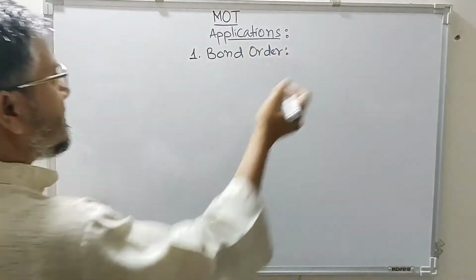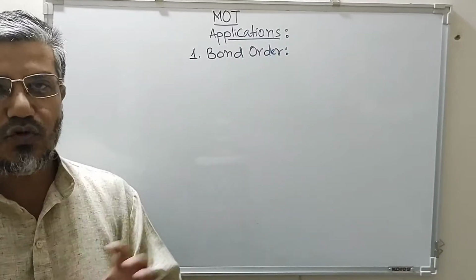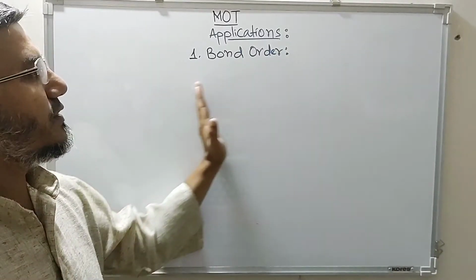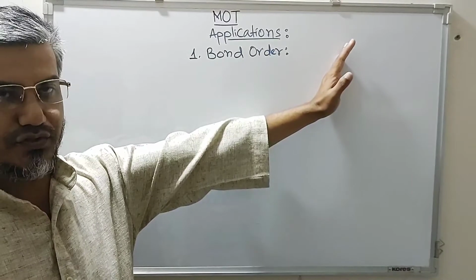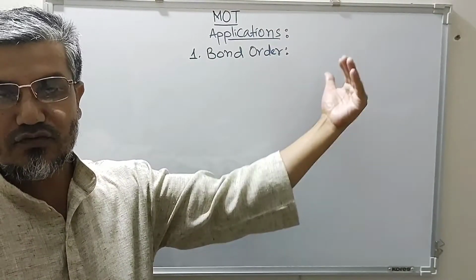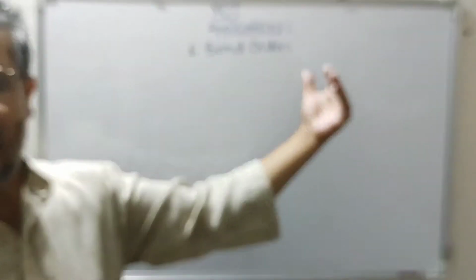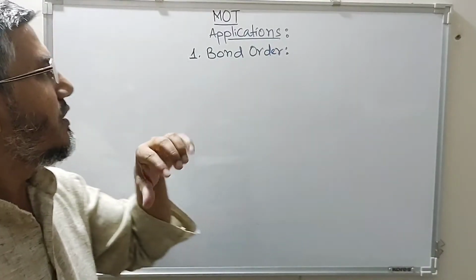So to calculate this bond order, first thing you have to do is, for the given molecule, we have to write down the electronic configuration in terms of molecular orbital theory by use of the energy order that I have given you in the previous lecture.